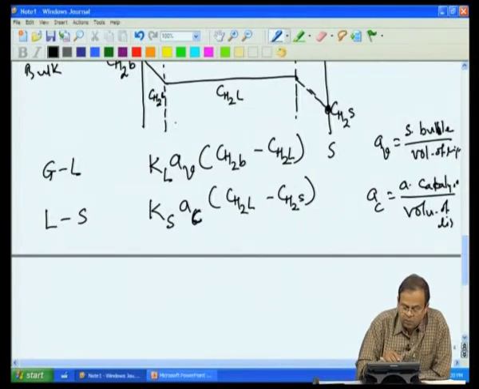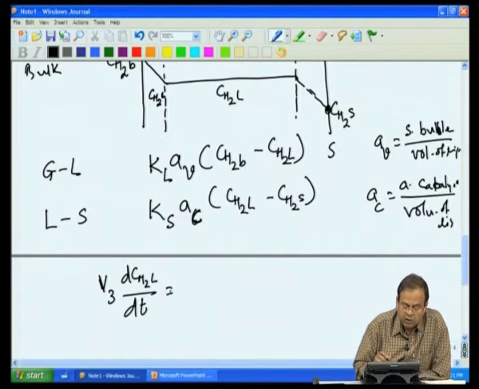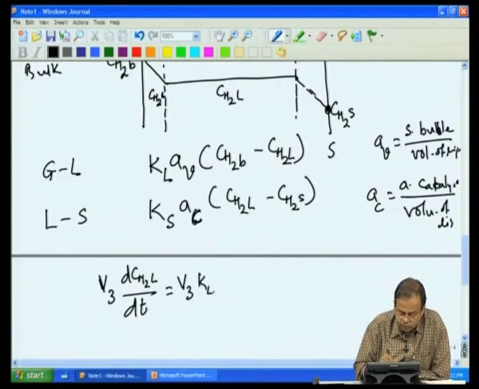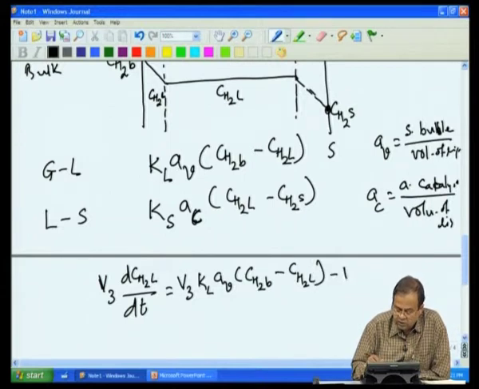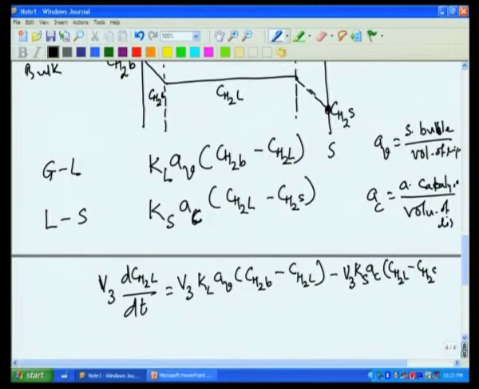So, for example, bulk liquid mass balance, assuming the volume is V3, CH2 liquid ddt must be the rate at which gas hydrogen is coming from the gas phase to the liquid, minus the rate at which it is going from the liquid to the surface of the catalyst.